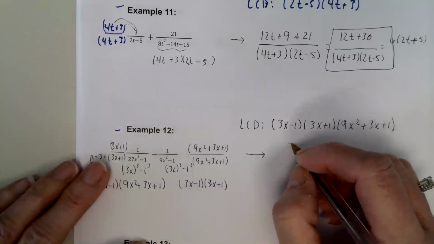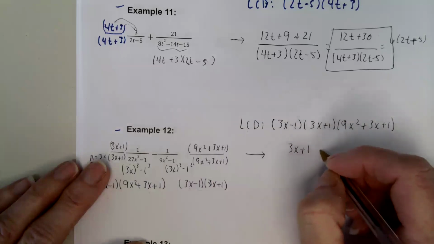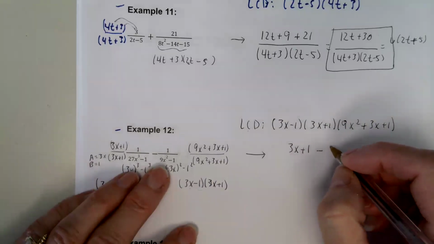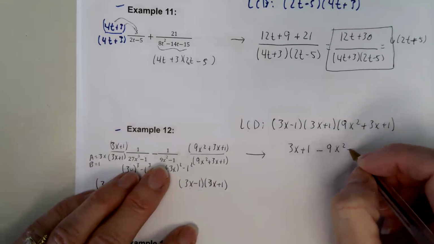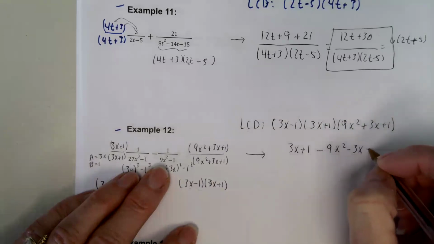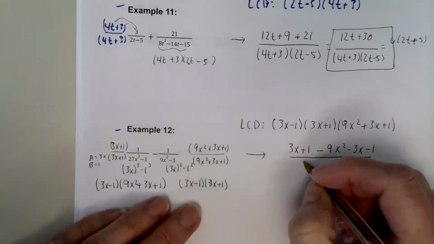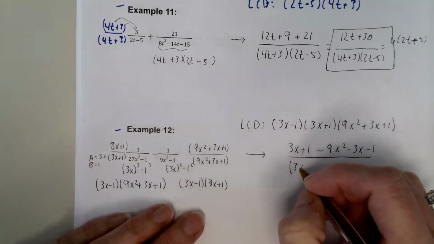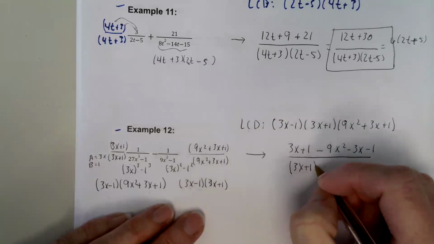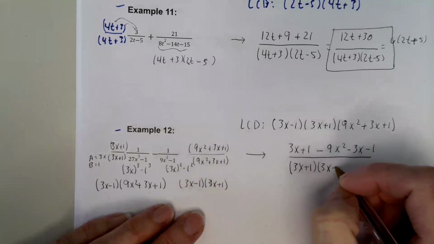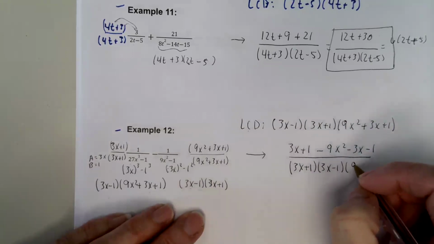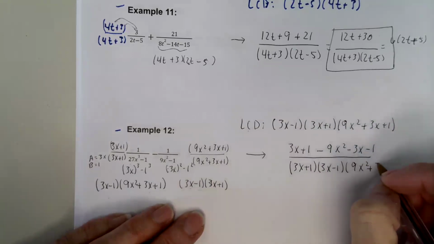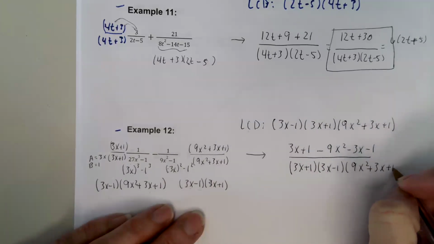So I have 3x plus 1 subtracting 9x squared, subtracting 3x, subtracting 1, all over 3x plus 1, 3x minus 1 times 9x squared plus 3x plus 1.